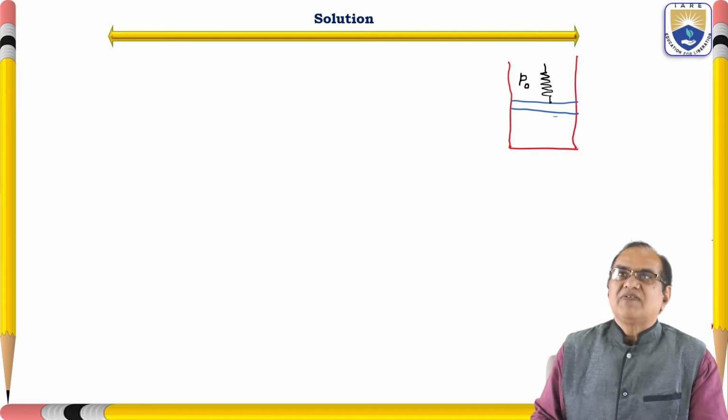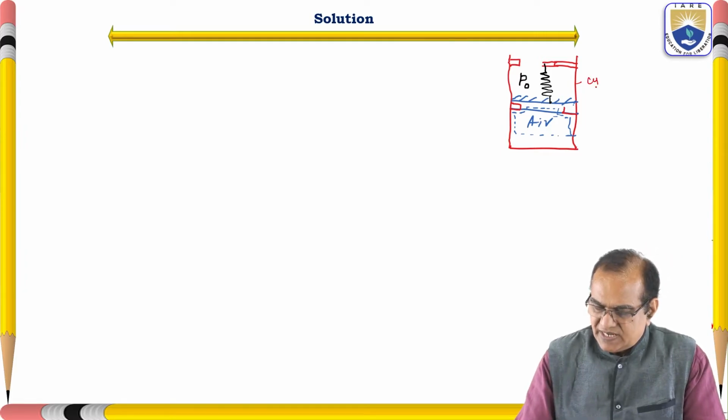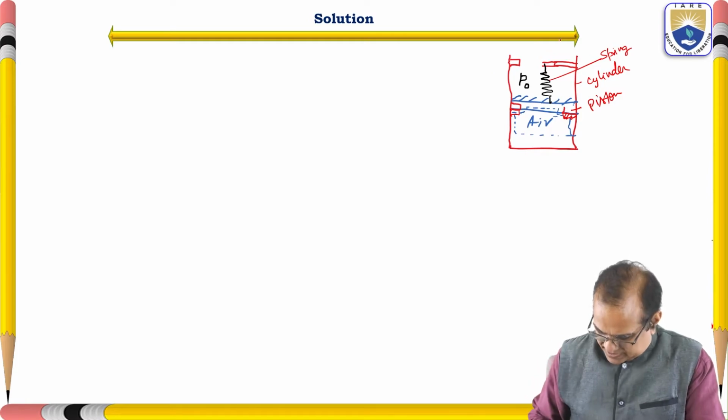So here we will see that this is the cylinder, this is the piston. This piston is resting on this stop here, and this is the spring here, and here is the atmospheric pressure.